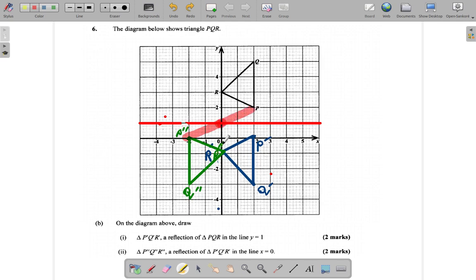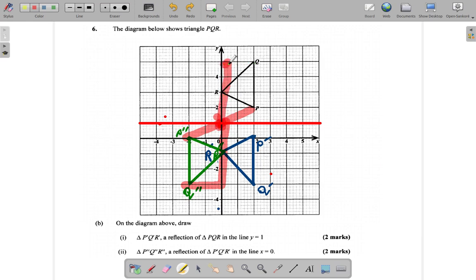This and this. If you consider this as another point, join Q and Q, you could go 1 2 3 4 up and 2 to the right.